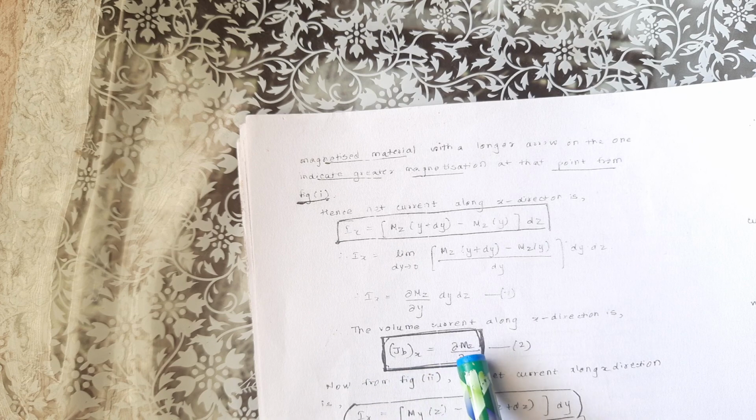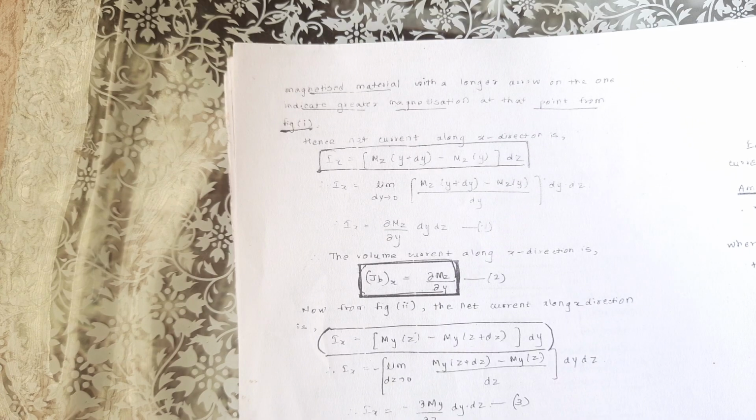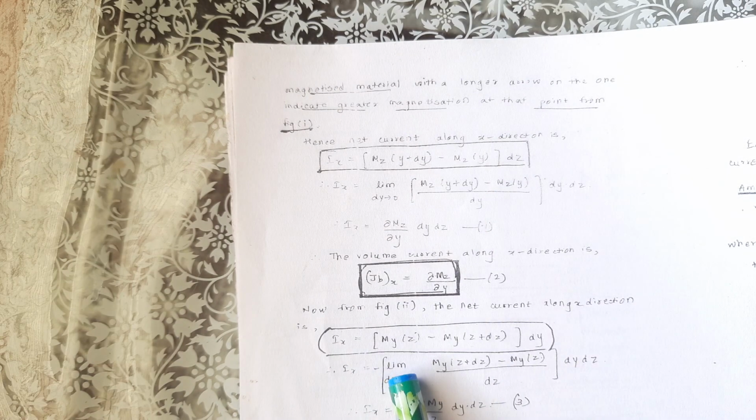Then the volume current density along the x direction is Jbx is equal to delta Mz upon delta y.